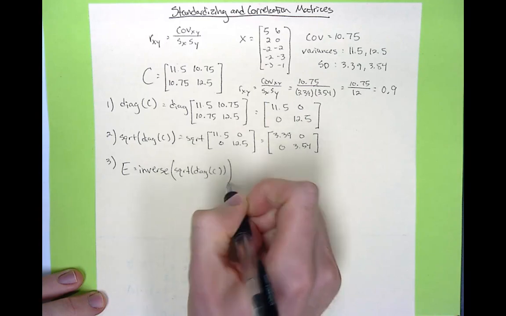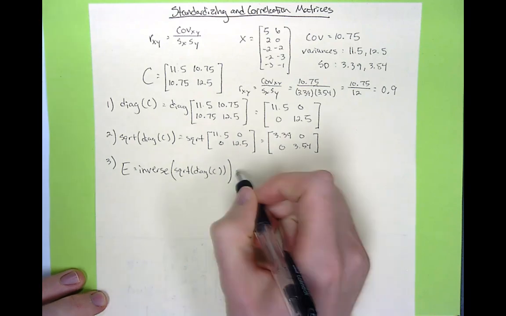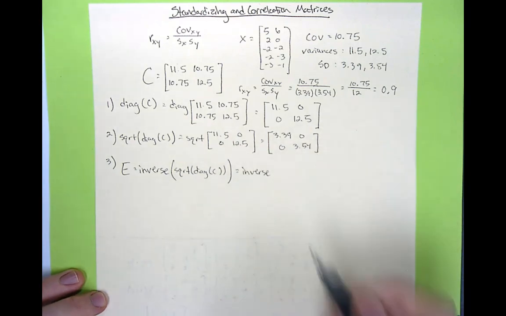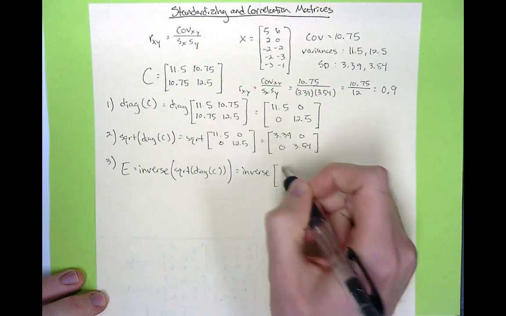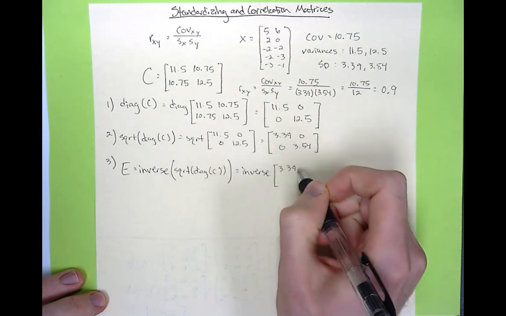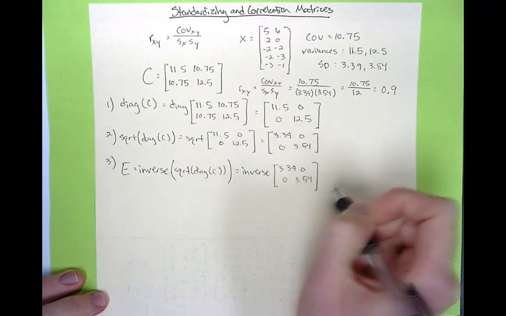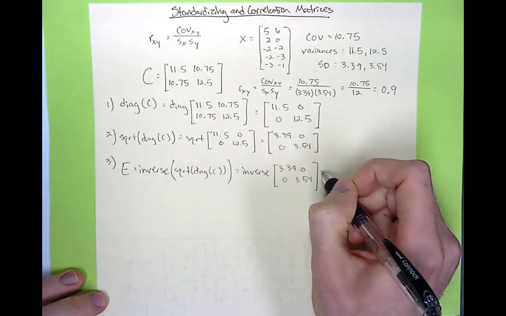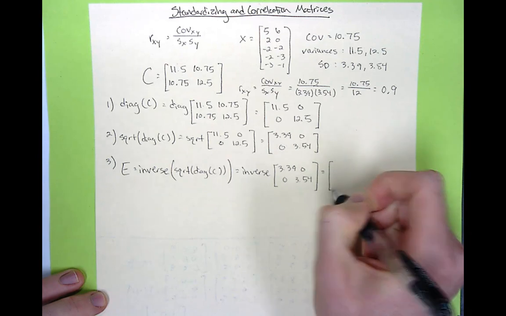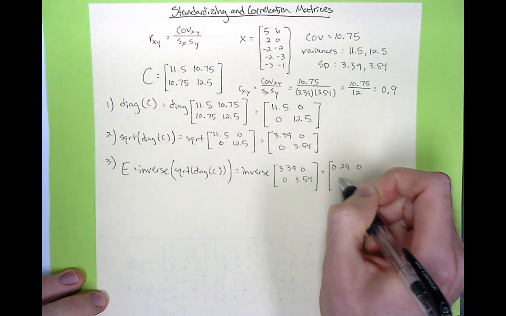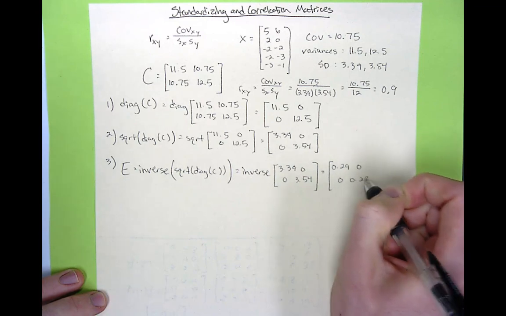I know that looks confusing, but since I showed you step by step here, it's pretty easy. Just take the inverse of what we just did, and what we get is 0.29, about 0.28.